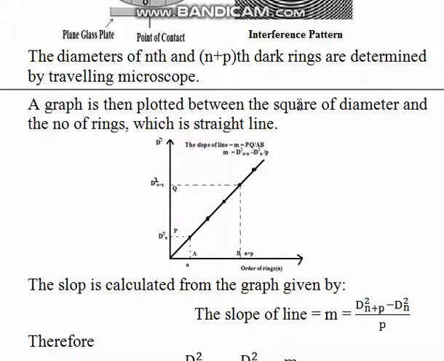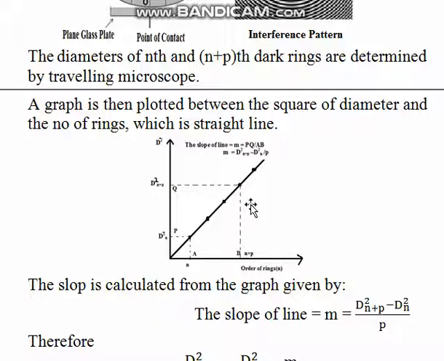A graph is then plotted between the square of the diameters and the number of rings. On the y-axis we take the square of the diameter, on the x-axis we take the order of rings, and the graph is a straight line.